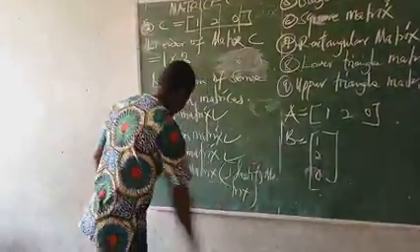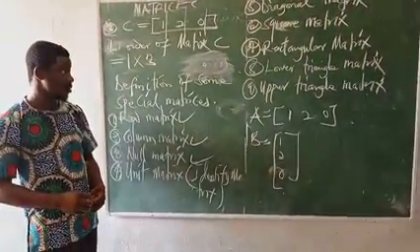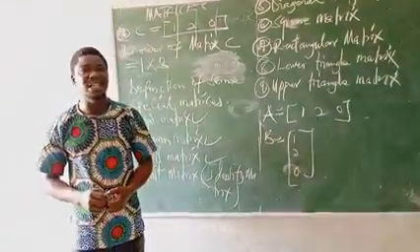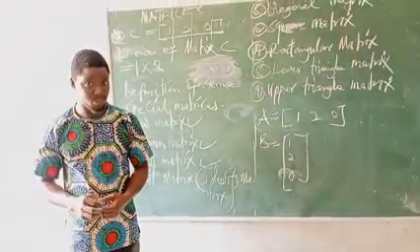And of course, the next one, the null matrix. A matrix is said to be a null matrix if all its elements are equal to 0.